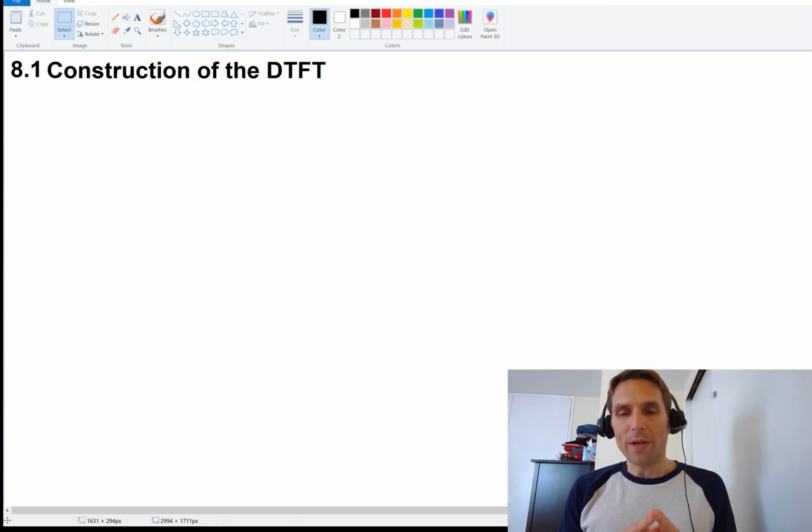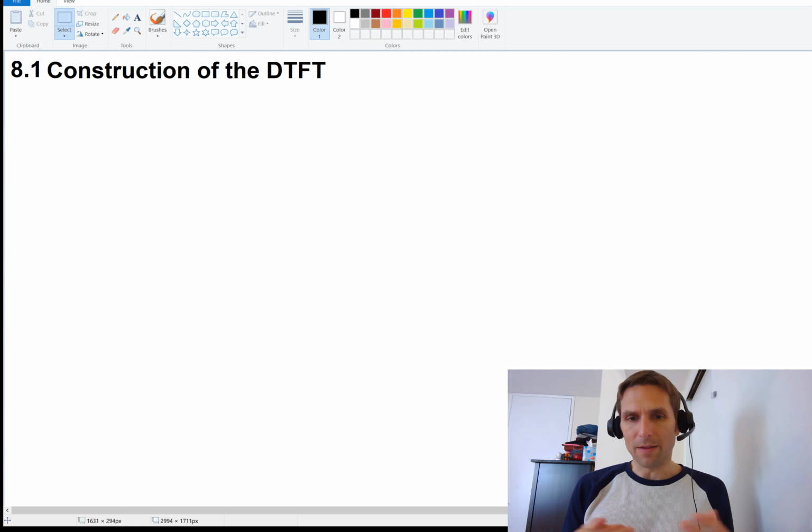And we are not going to cover this in as much detail as we did the CTFT. That's because a lot of the details are the same. And I don't want you to get the impression that the DTFT is just not as important. One could argue that, being in the digital era that we live in, the DTFT could actually be more important. You could certainly argue that.